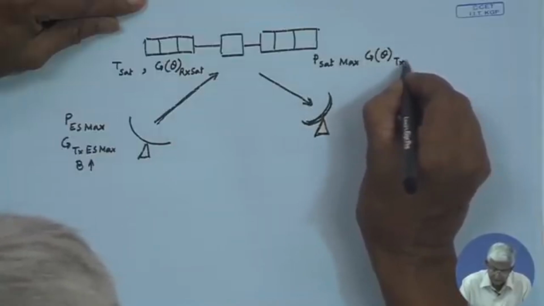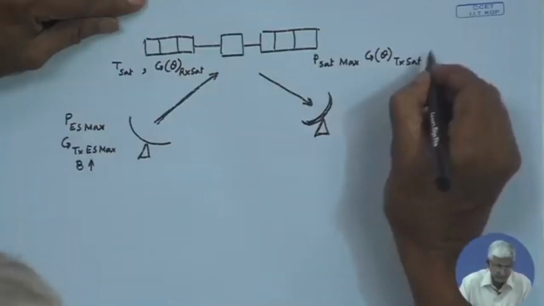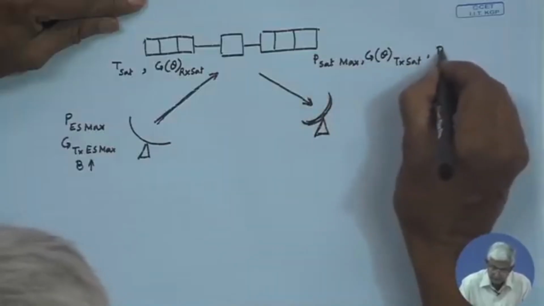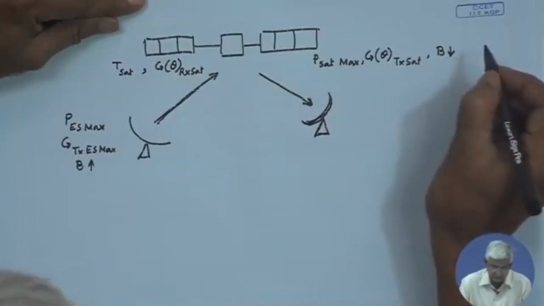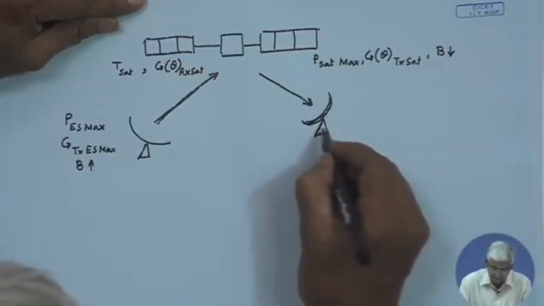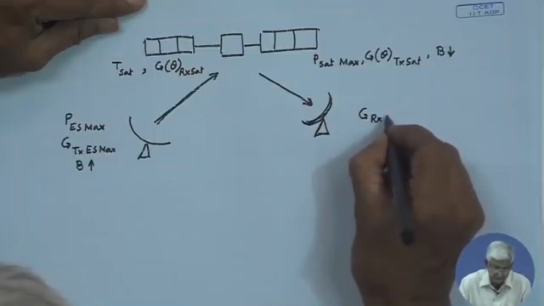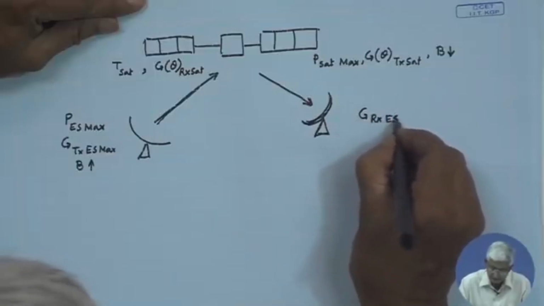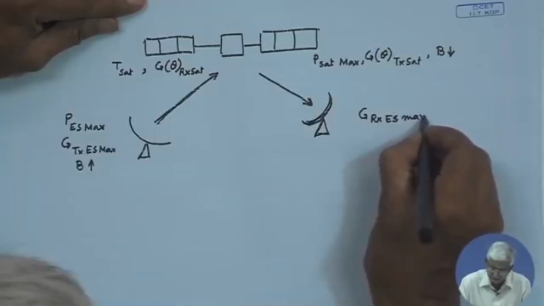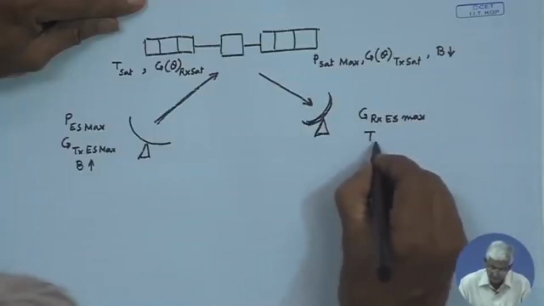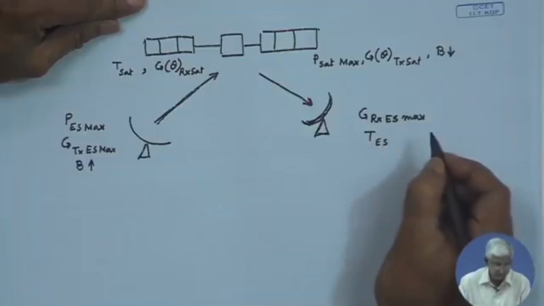So, that is transmitting from the satellite, and of course, the bandwidth of the downlink. The station which is receiving has a receive antenna gain, which is pointed, as I said, since it is on the ground, and the temperature of the receiving station, T earth.